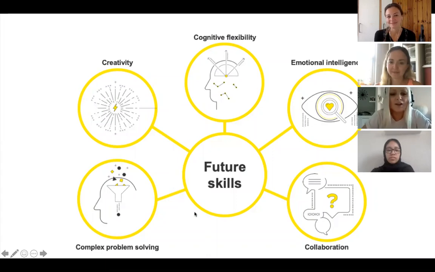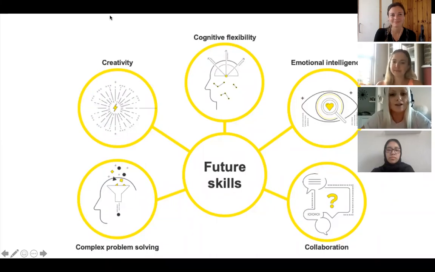So we have identified here 5 really key skills that we look for in applicants, and something that is rare at the moment in terms of application processes is that at EY, we don't ask for CVs, we don't ask for cover letters. What we ask is for you to do some of our online assessments, and how you do in those assessments is how we base your score, and then whether you get an offer to join with us. So these are the 5 key skills that we look for.